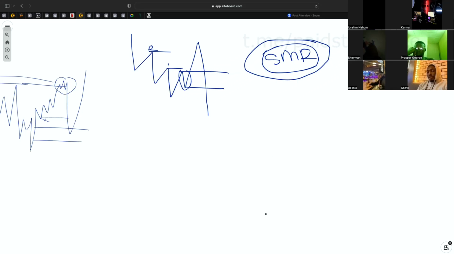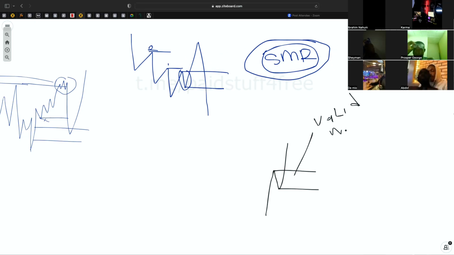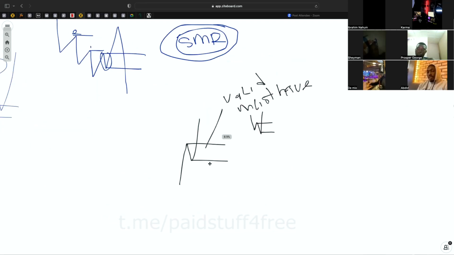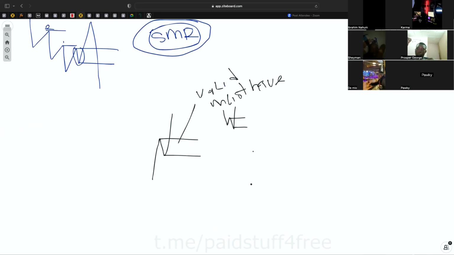This is rally-base-rally. But a valid base must have a what? A drop, base, and a rally inside it. It must have. Let me now show you a chart representation of it.